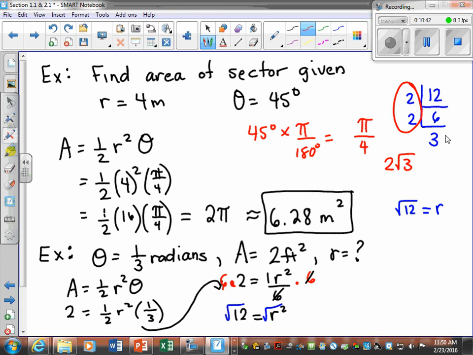So basically, that's 2 square root of 3 is equal to the radius. That's the exact answer, or if we put that in the calculator, we would get approximately 3.46 feet, something like that. So this is the exact answer, and this is the approximate answer.